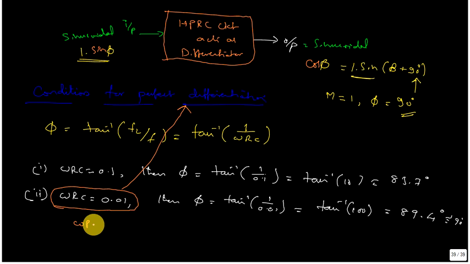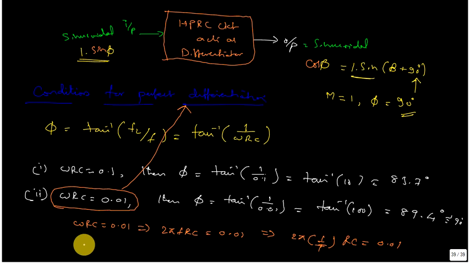Then omega RC equal to 0.01 means 2 pi f RC equals 0.01, which means 2 pi into 1 by T into RC equals 0.01.